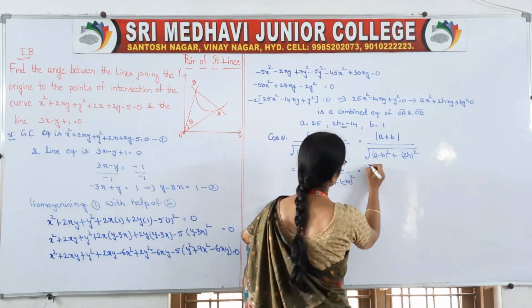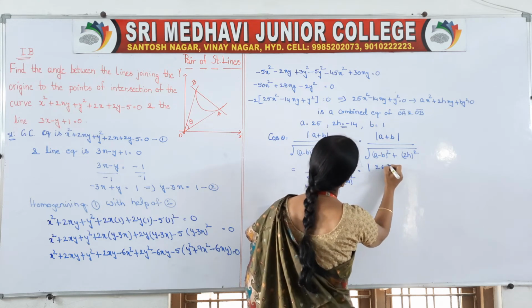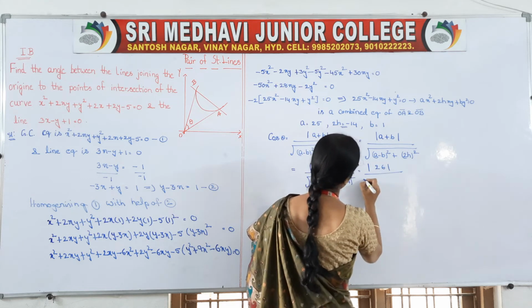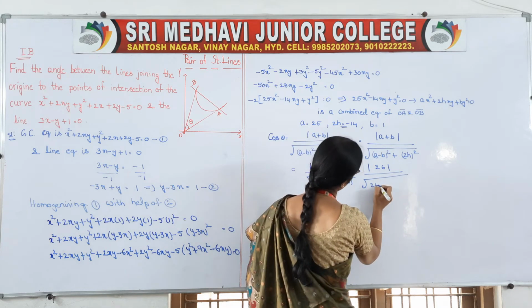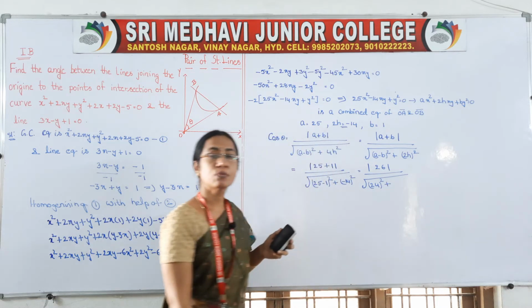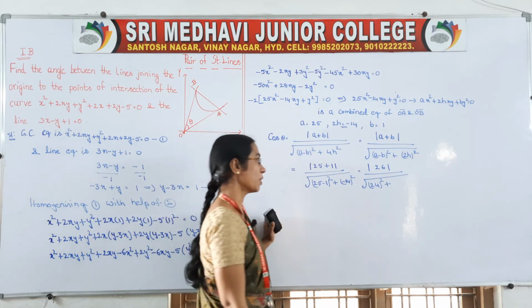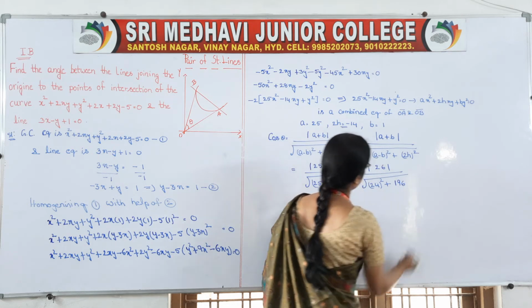So it is modulus of 25 plus 1 is 26 by root of 25 minus 1 is 24, 24 whole square, plus 14 whole square, minus into minus plus, is 196.